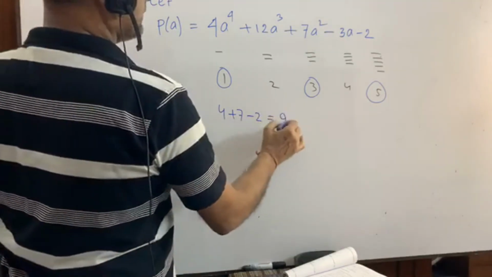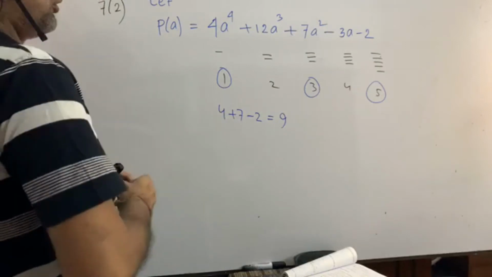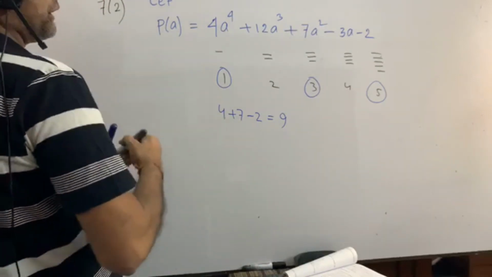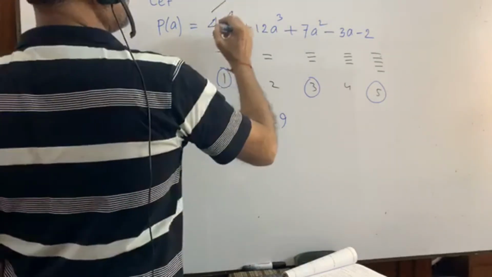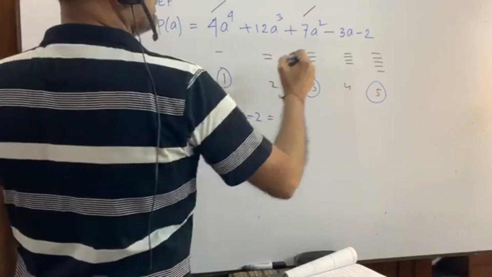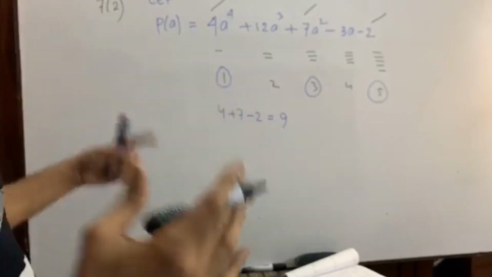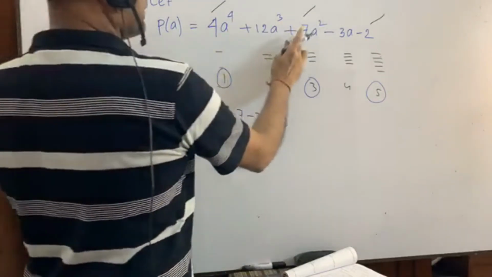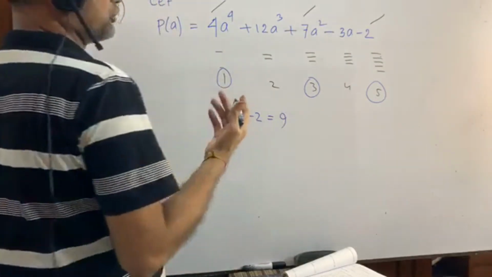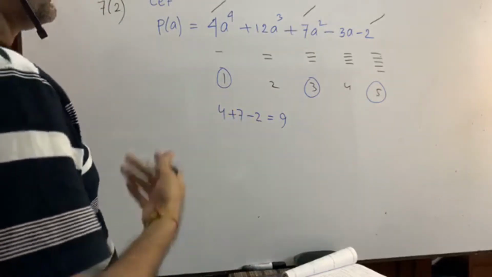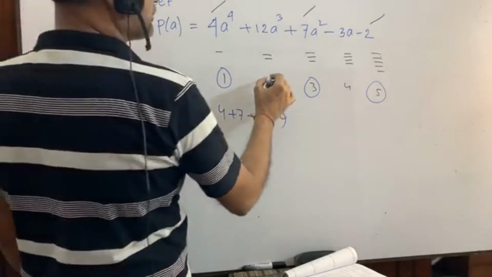It is equal to 9. But in short, you can write like this: 4 plus 7, 11, minus 2 equals to 9. Have you got me? I repeat. 4 plus 7 minus 2 equals to 9. Now you see, what is the even position?